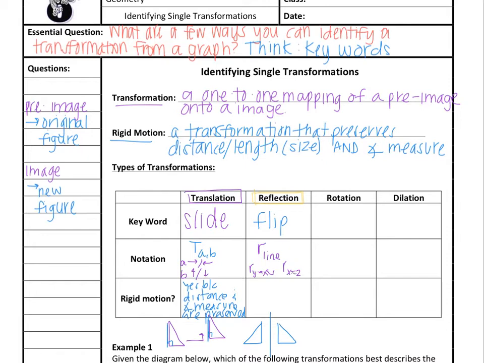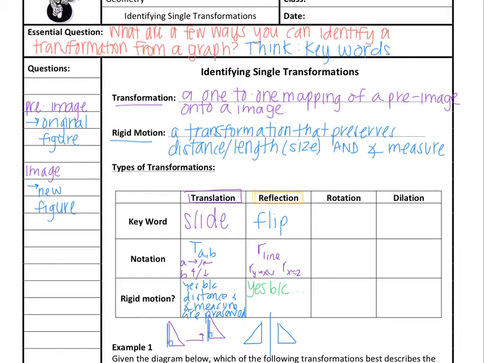So again, lowercase r with a reflection, the line of reflection. And then it says, is this a rigid motion? And the answer again is yes, because, and I'll let you fill that in, distance and angle measure are preserved.